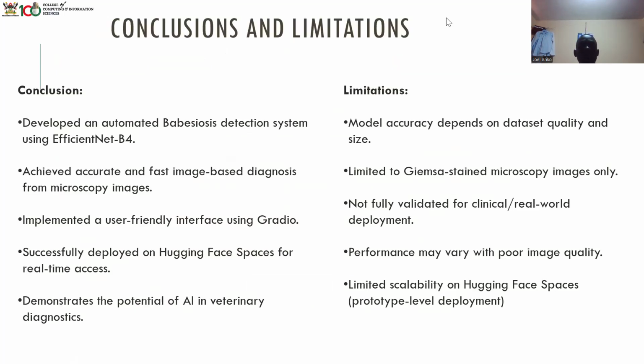Then, in conclusion, of course, we developed an automated, AI-powered system using the EfficientNet B4. It achieved a high accuracy and also faster image-based diagnosis from microscopic images, whereby the model was able to distinguish between the 4 different classes, and also it helped to solve the problem of confusion that arises between Babesia and Plasmodium rings.